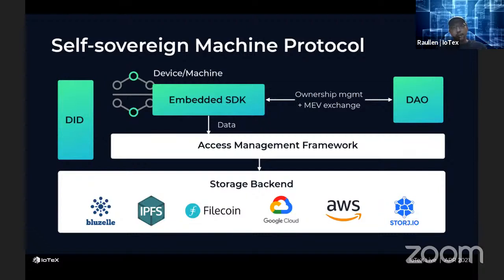Under the embedded SDK, we have an access control management framework for machines to emit their data to the backend. And of course, the storage backend, where we have lots of partnerships with you guys sitting here today, like Bluzelle, IPFS, Filecoin. I think you guys are our partners. Google, AWS, of course. Storj, not yet, but I think definitely we should. So that's the self-sovereign machine protocol.